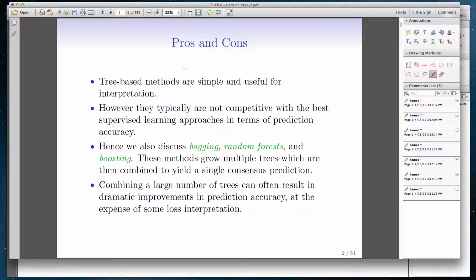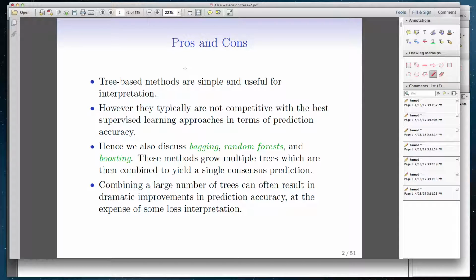The problem is when it comes to predictability: as much as they're interpretable, they don't do that good a job in prediction on their own. However, if we enhance them with more advanced techniques like bagging, boosting, and random forests, we will see that by using multiple trees, forests of trees instead of just one tree, we can improve the prediction significantly.